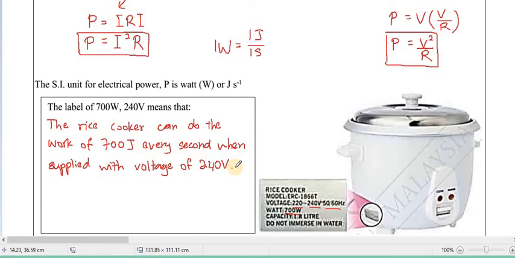Get the idea? So we call this the rice cooker being able to function normally.